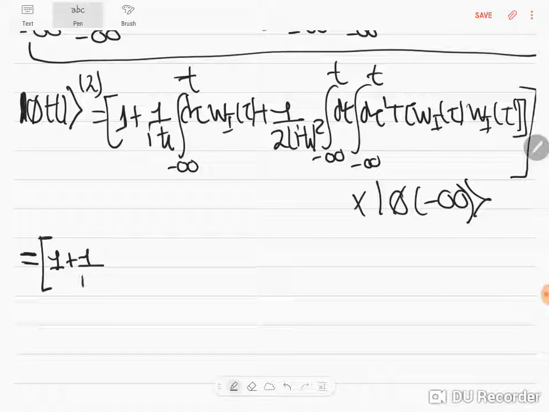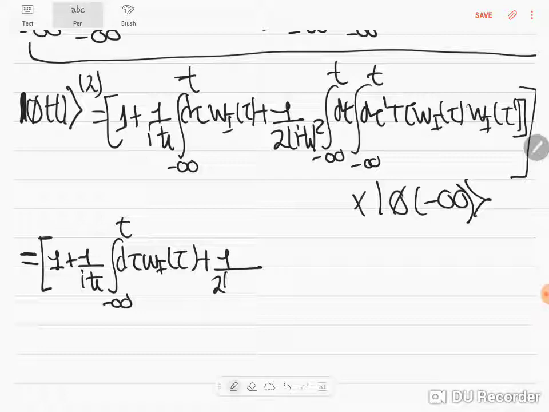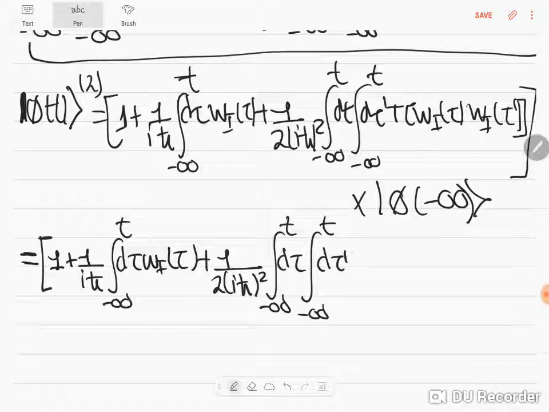So then 1 plus 1 over i h bar, integral from minus infinity to t of d tau W_I of tau, plus 1 over 2 i h bar squared, integral from minus infinity to t of d tau, integral from minus infinity to t of d tau prime, time order of W_I of tau, W_I of tau prime, close here, and this acting on phi of minus infinity.